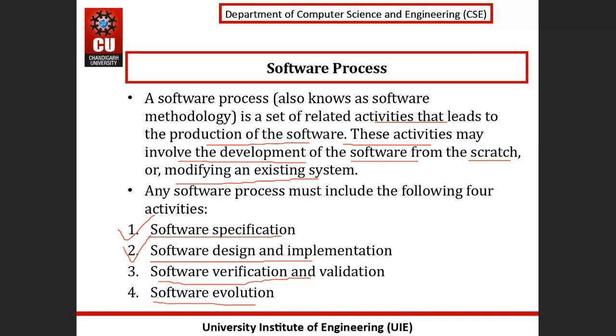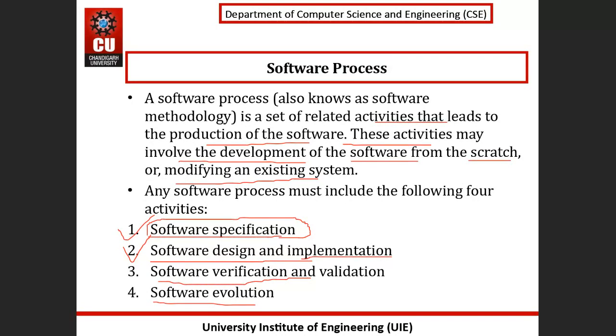What we do in the software specification, as you all know, is create an SRS document, that is software specification. What are the requirements of the customer? We create a document, we sign that document from the customer and from the coding team also.